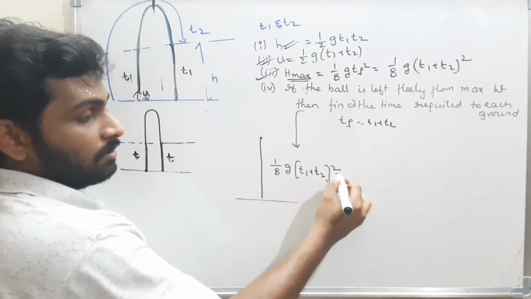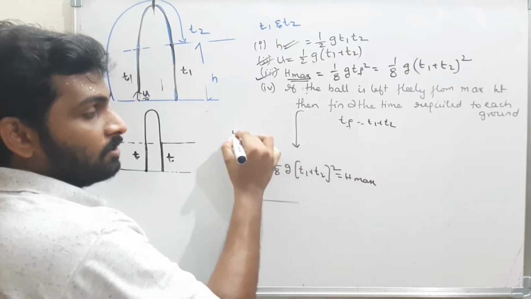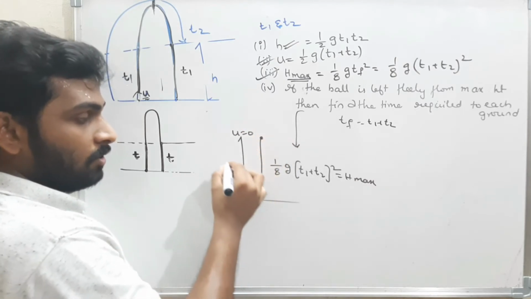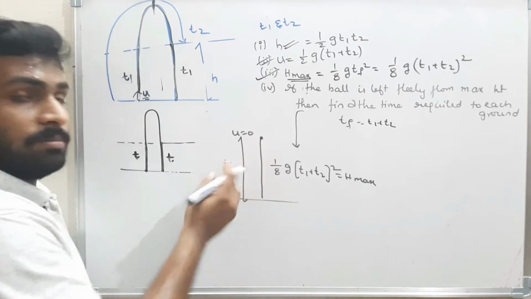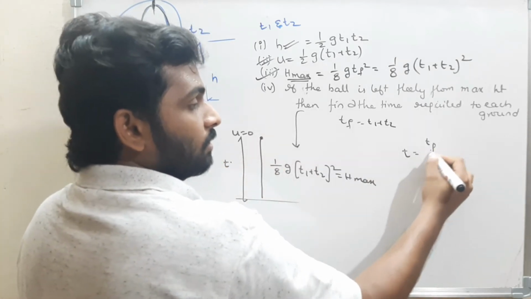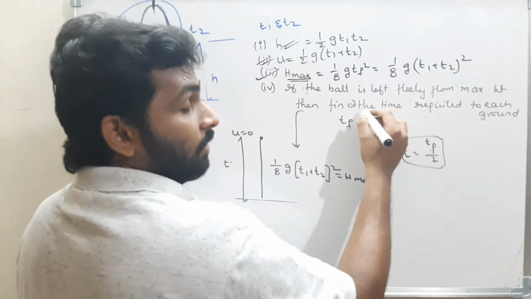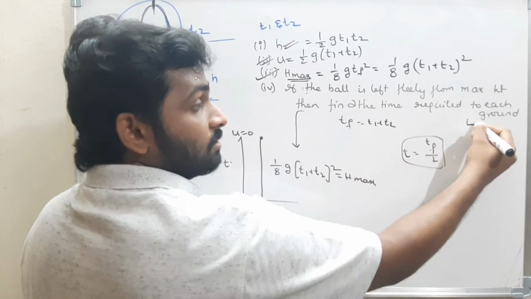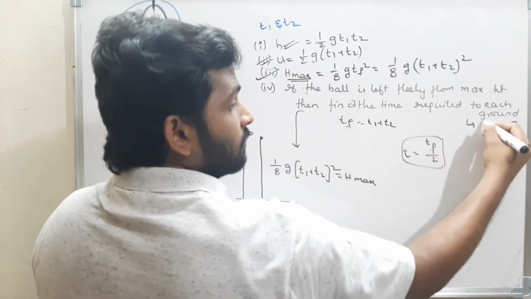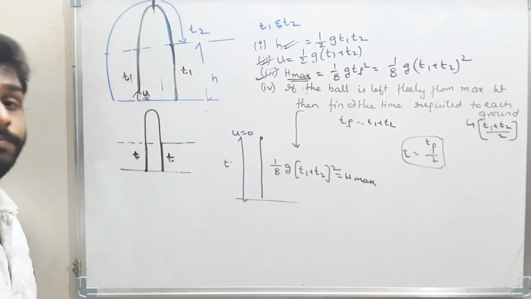That is h max. When a body is left here freely, that means the initial velocity is 0. What is the time taken by the body to move from here to here? The time is half of the time of flight. Therefore the time required to reach the ground is (t1 plus t2) by 2.